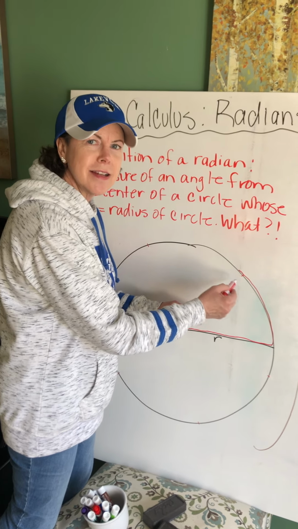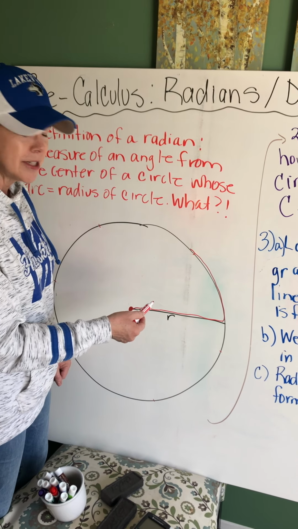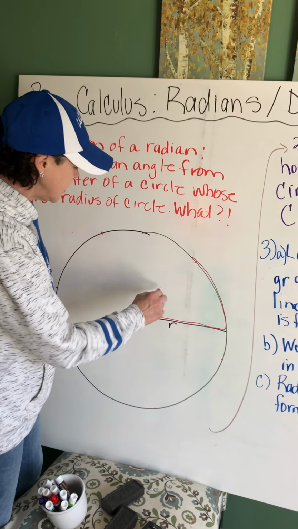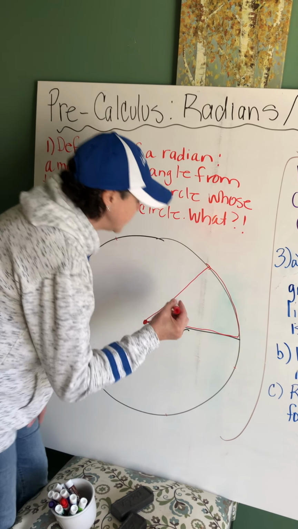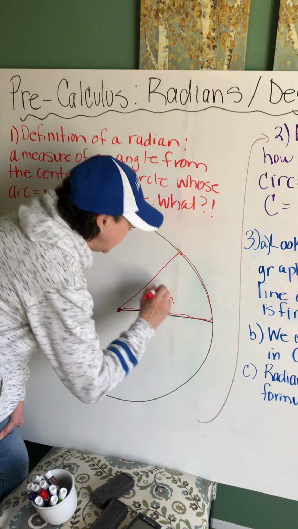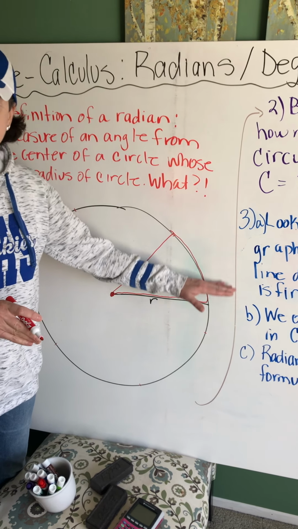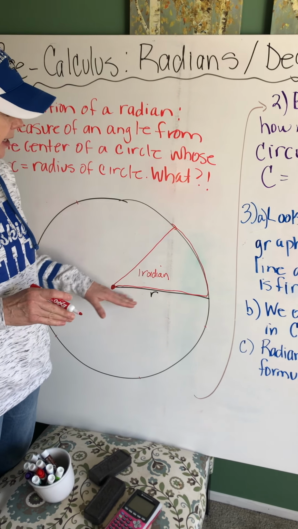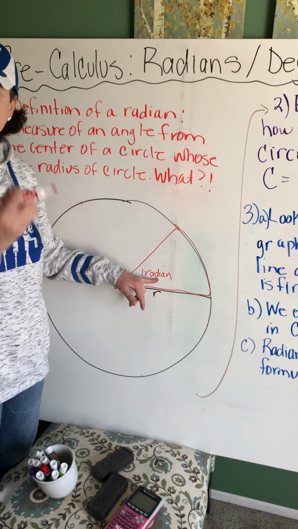That's a little squiggly, it looks like a kindergartner did that. Anyway, this angle right here is called 1 radian. It is the angle from the center of a circle that creates an arc exactly equal to the radius. That's why it has the part of radius in its name.